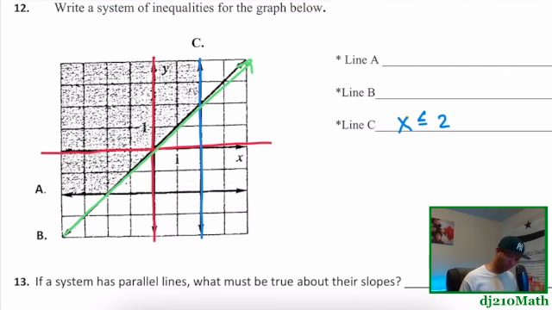This is that y equals x line again, right? It's the 45-degree angle. Y equals x. But it's shaded above. Like we're shading above. So this is greater than. Y greater than x. So y equals x is my solid line, and I'm shading above it.